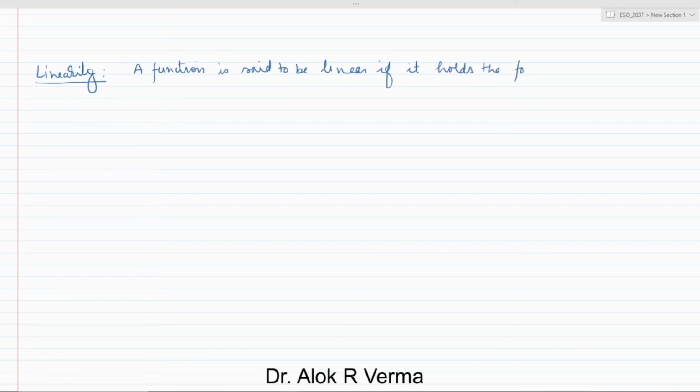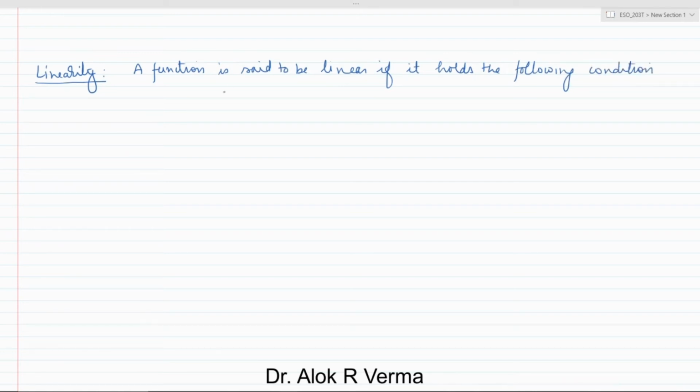So with this we will define some linearity. Let us define first: a function is said to be linear if it holds the following condition.